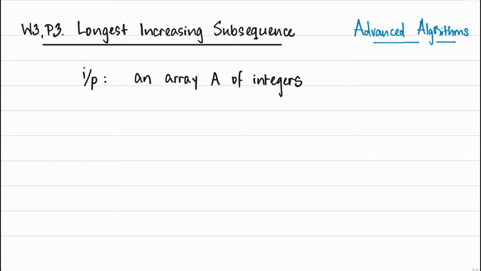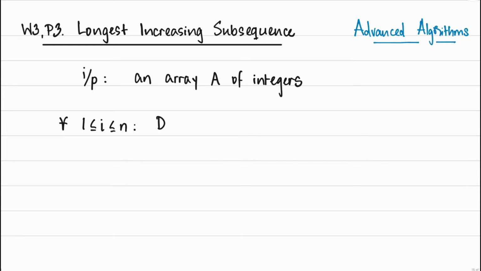Okay, so I don't know where it starts, but it must start somewhere, right? So if for each location I in the array, I knew what was the length of the longest increasing subsequence that started at A of I, then my final answer is just going to be the largest of these numbers, right?